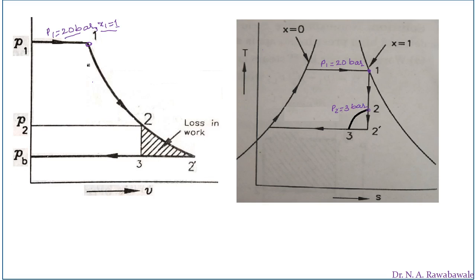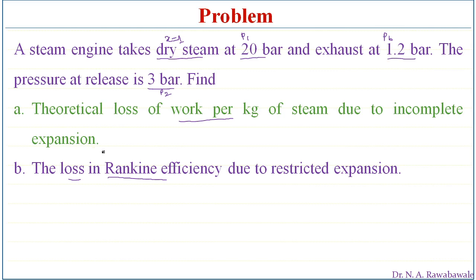Here the steam is expanded from 20 bar to pressure P2 equal to 3 bar, and suddenly the exhaust valve is opened at point 2. If the steam is expanded from point 2 to 2 dash, then we call it a complete expansion. Here the expansion is restricted at point 2 and steam is allowed to move directly into the condenser. The condenser pressure PB is also given as 1.2 bar.